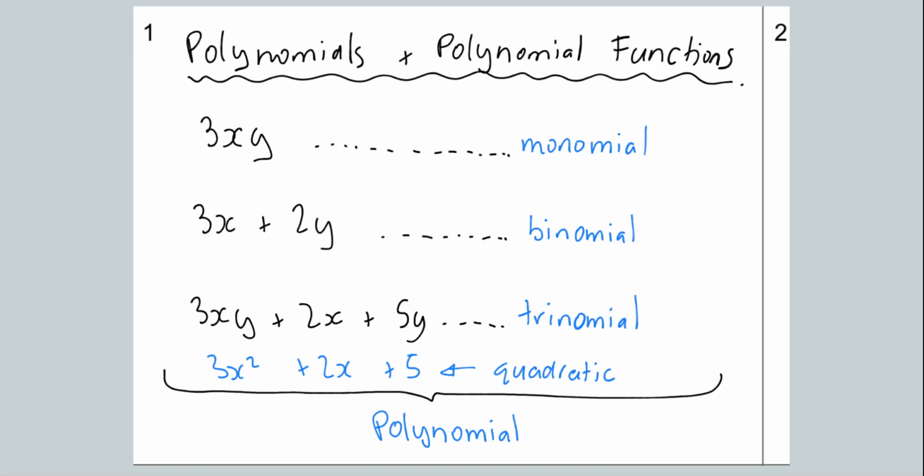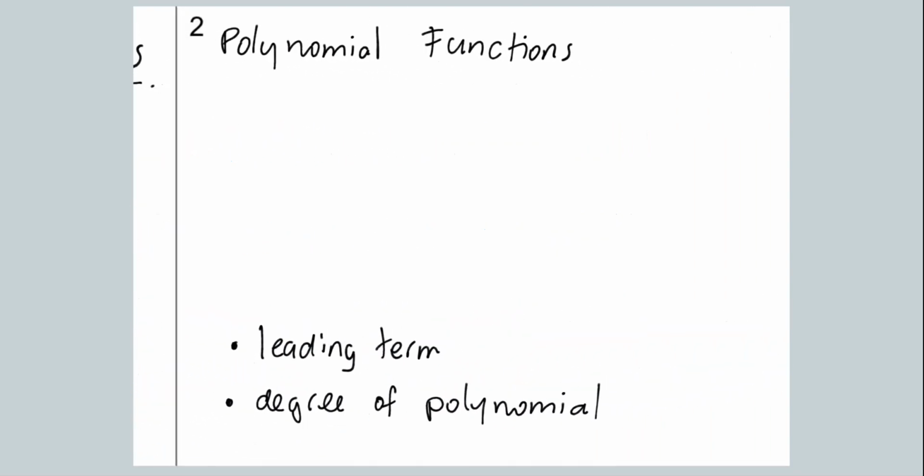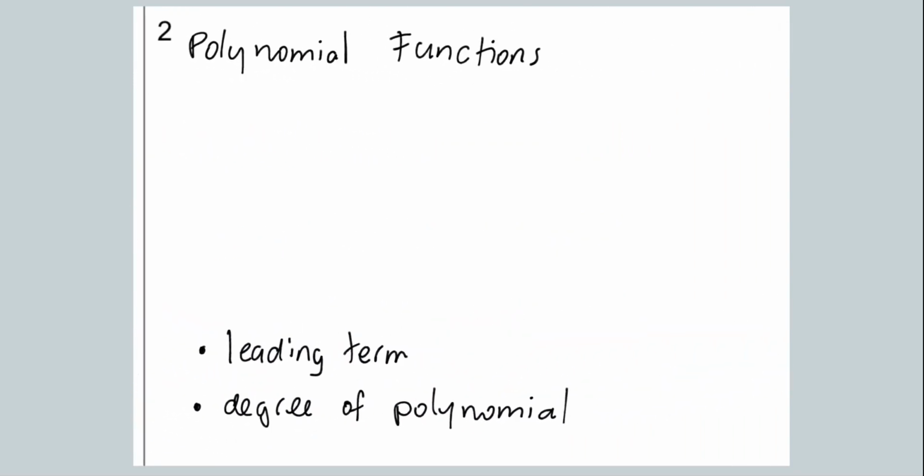So what's the difference between a polynomial and a polynomial function? Not a lot. It has multiple terms, but a function, which we're going to do in the next unit, is often written as a dependent variable, in this case I'm going to call it P, that takes on an independent variable, which is almost always x, but it could be any letter.